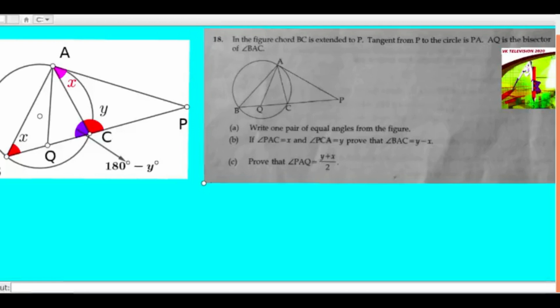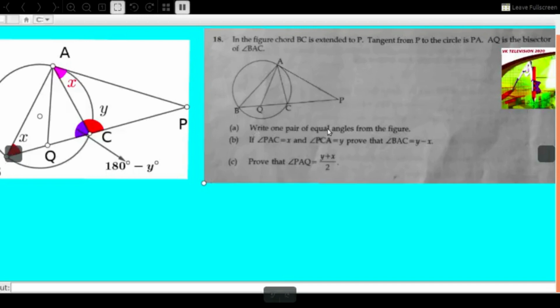18th question. In the figure, chord BC is extended to P. Tangent from P to the circle is PA. AQ is the bisector of angle BAC.